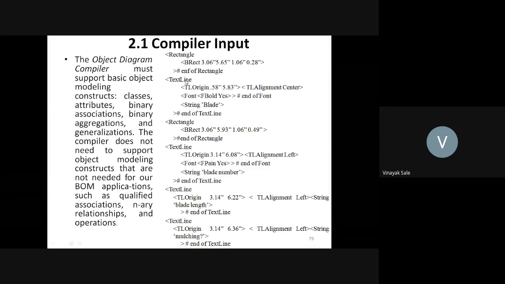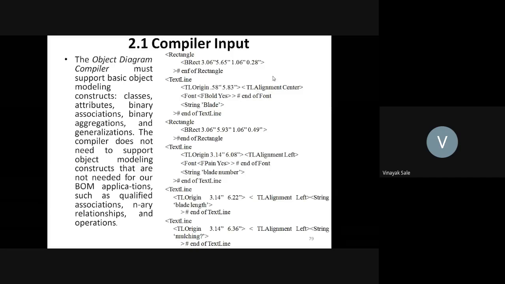Similarly, for the class text line, TL for text line. The text line has origin 0.58 inch, then 5.83 inch. Then each text line has alignment left, right, justified, center.